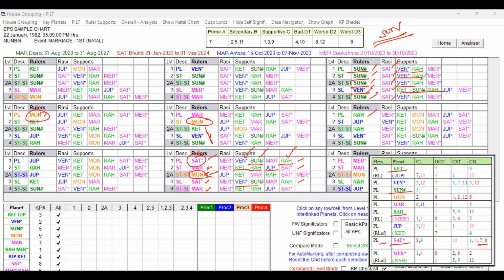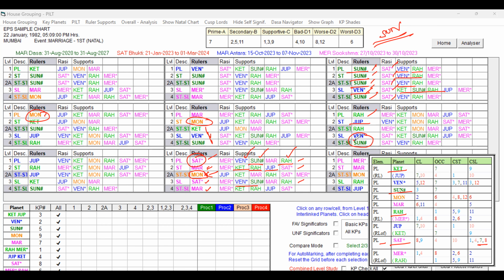Rahu is the key planet influencing Sun, and the important key planet Jupiter is also playing a role here, influencing Venus, which itself is a good key planet, at the star level. And you can see Venus and Sun, the Dasa Lord's favorable key planets, are playing a role here at the sub-level and star lord of the sub-lord.